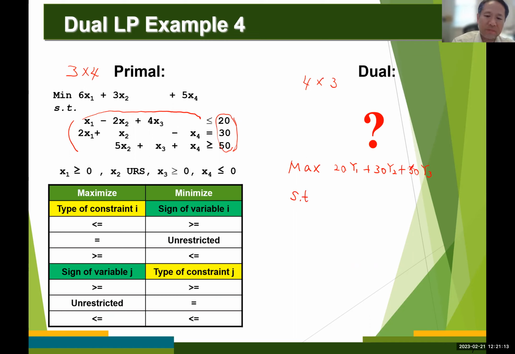Now, before we talk about the constraints, let's get the constraint coefficient matrix for the primal LP.